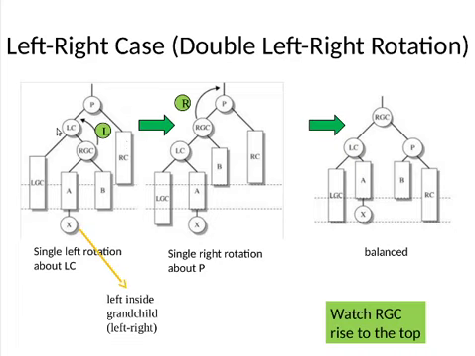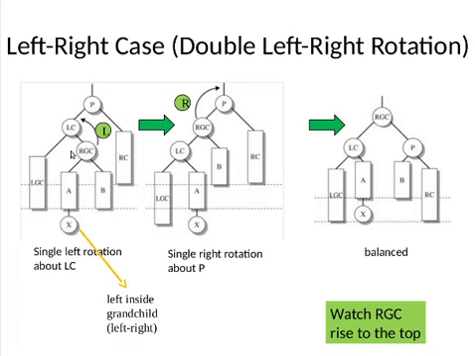Left child of LC is named LGC and the right child of LC is named as RGC. The left and right subtree of RGC are A and B respectively. Here X is inserted on the left of P and further on the right of LC.